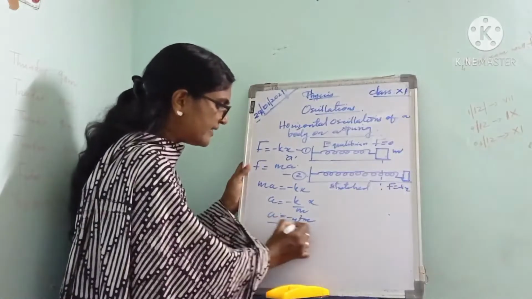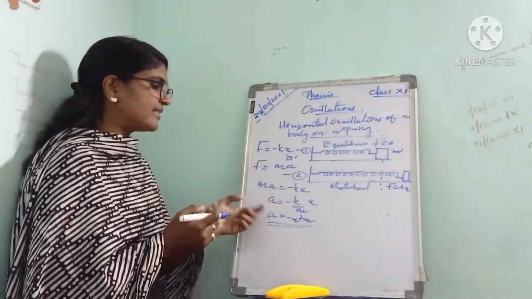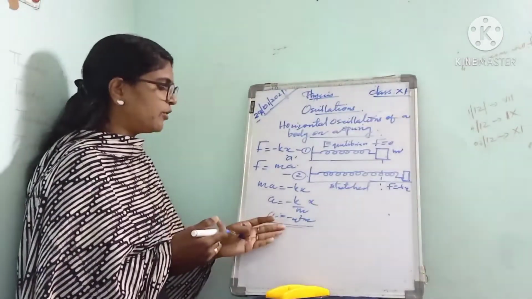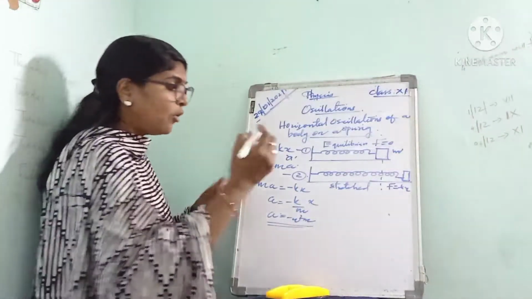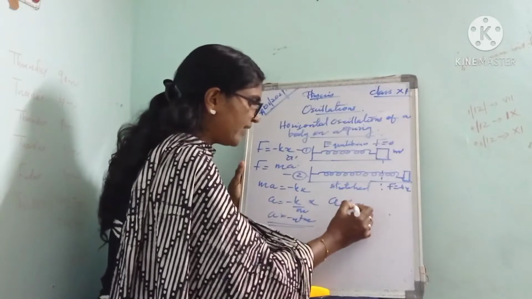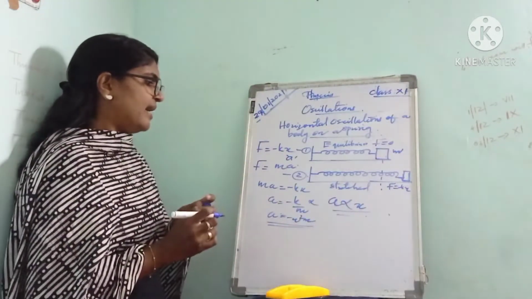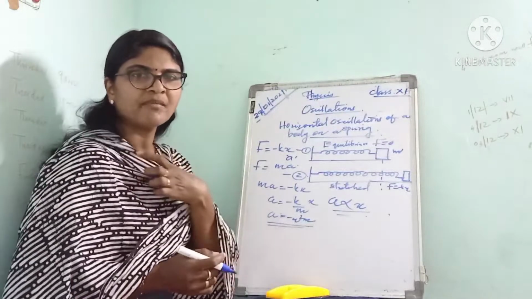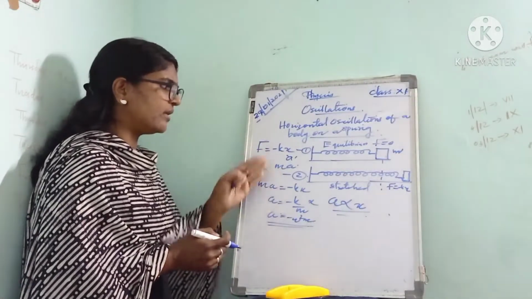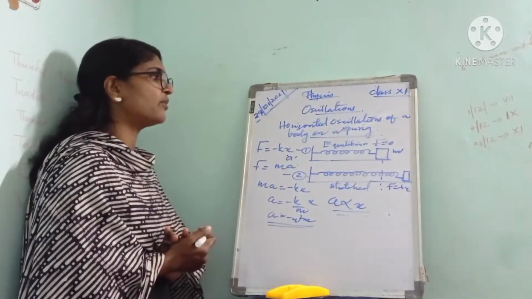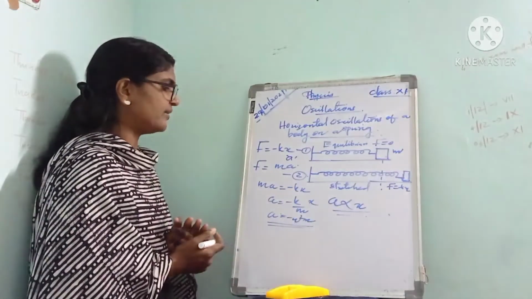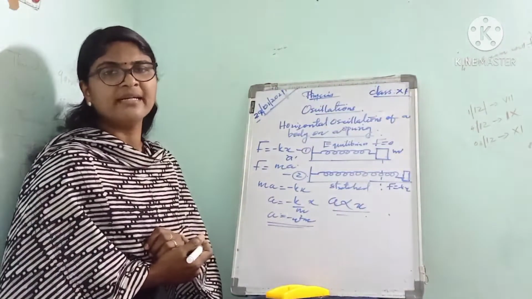This is the equation for the acceleration of a particle that executes simple harmonic motion: a equal to minus omega square x. Also we can write a proportional to x. This indicates that the horizontal oscillation of a loaded spring is simple harmonic motion, since the acceleration is proportional to the displacement.